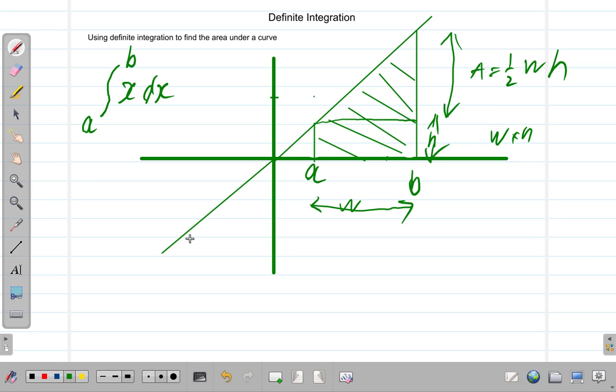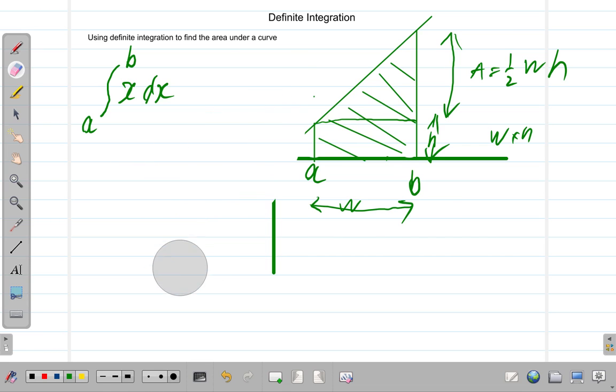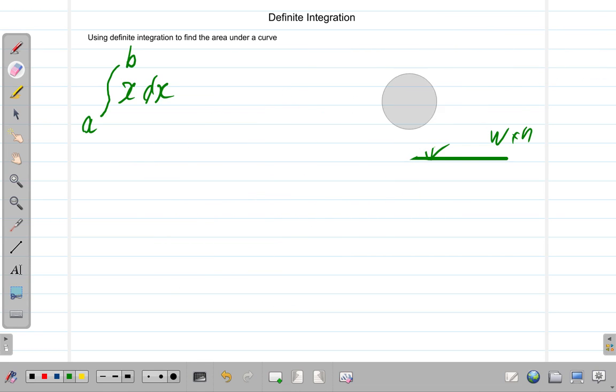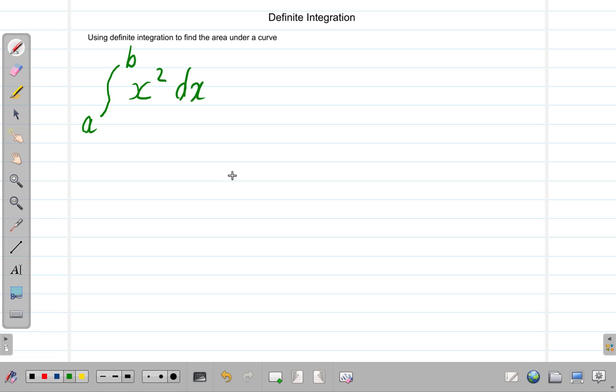But now we have another situation. Let's look at it. We want to find the integral of x squared dx, from A to B. But just before we look at it further, let us put in some values here.